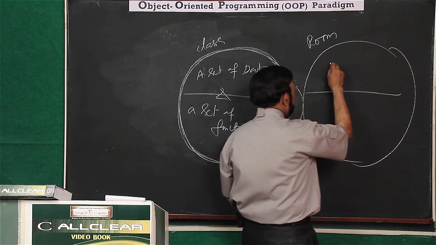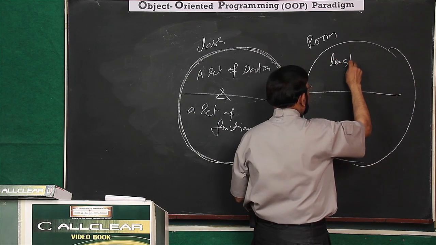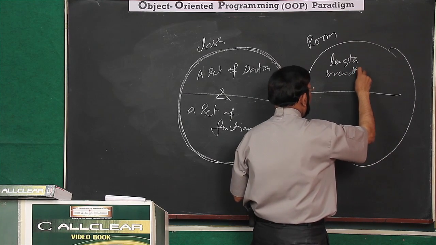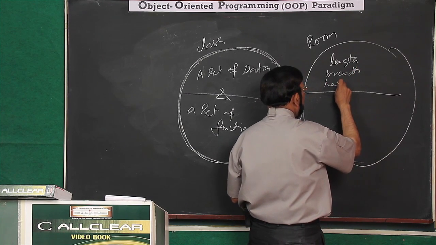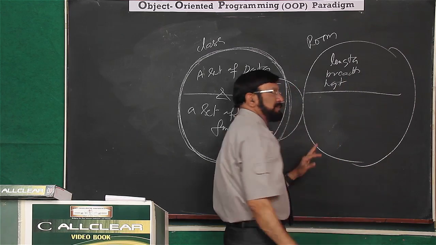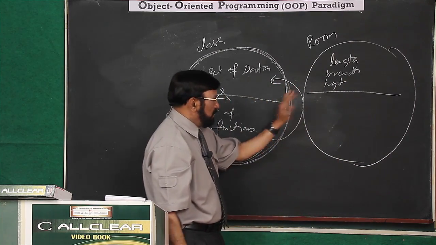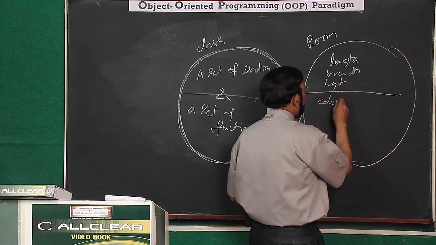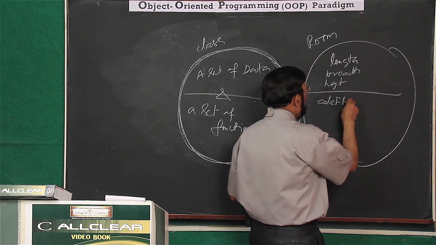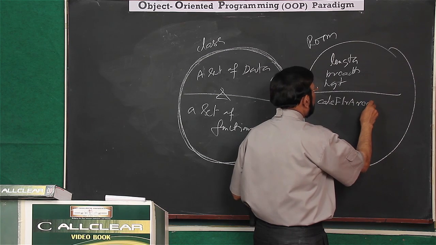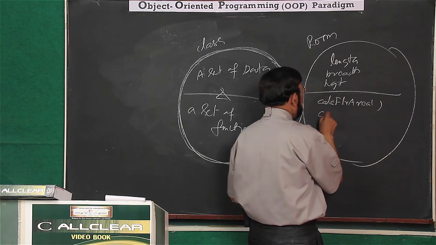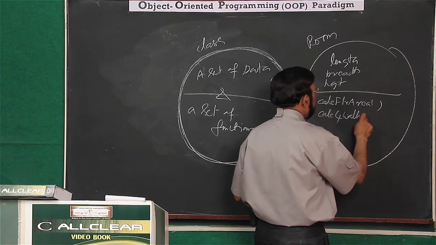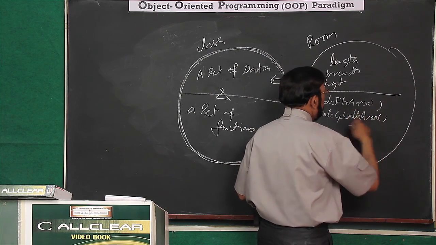In this, which data are there? Length, breadth, height. Okay, 3 data items are there. Now, I write functions. Calculate floor area. This is a function. Calculate 4 walls area. This is another function.